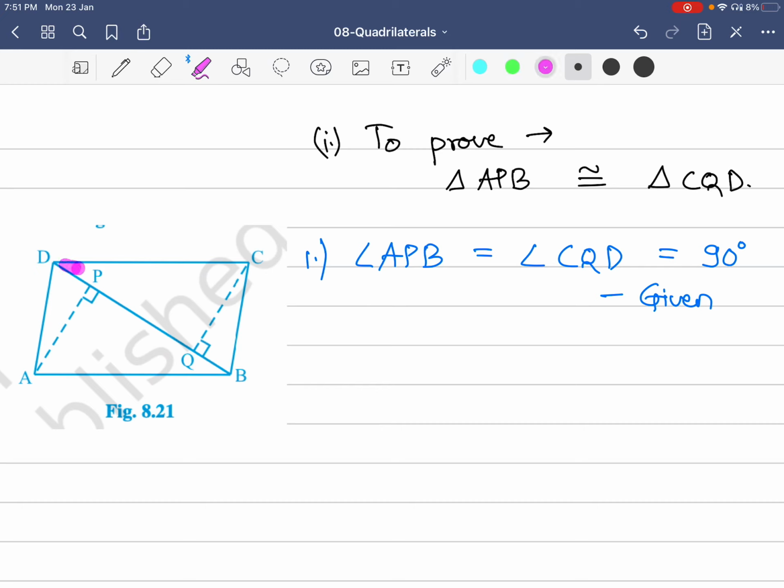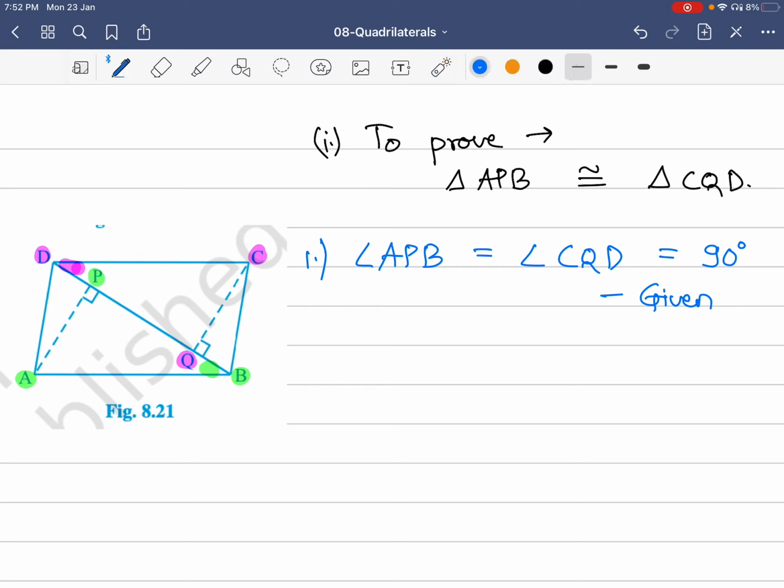Now there is another angle which is congruent to each other, that is this angle, you can say angle CDQ. It's congruent to this angle, that will be ABP. Why are they congruent to each other? Because this line is parallel to this line and this is the intercept. So this is the alternate interior angle which gets formed because of the intercept.